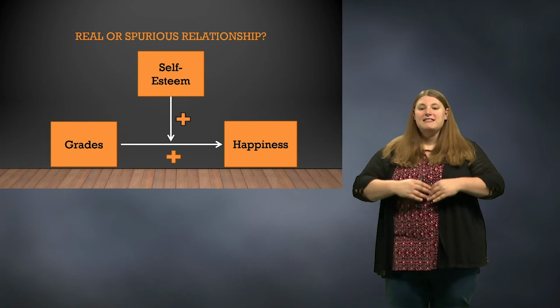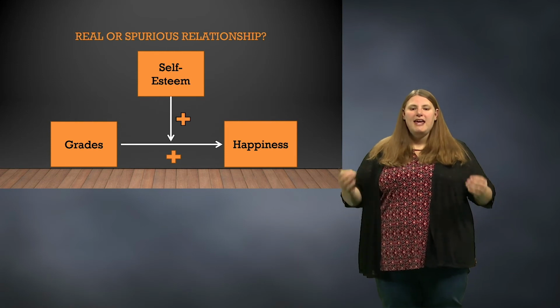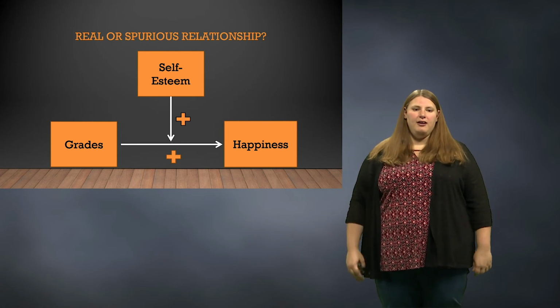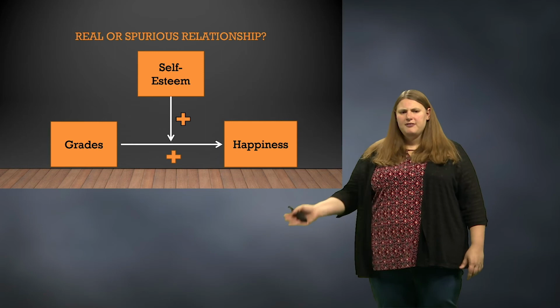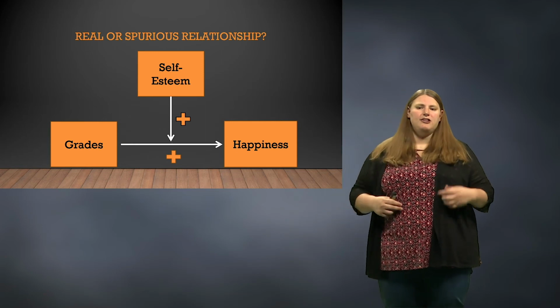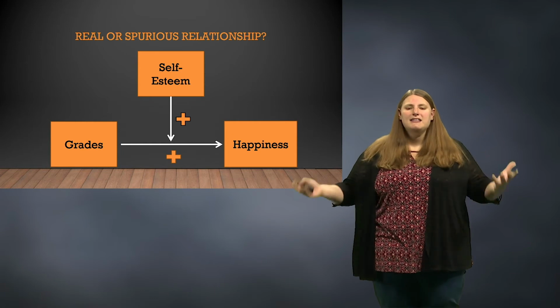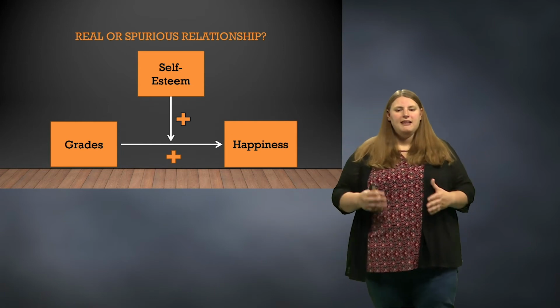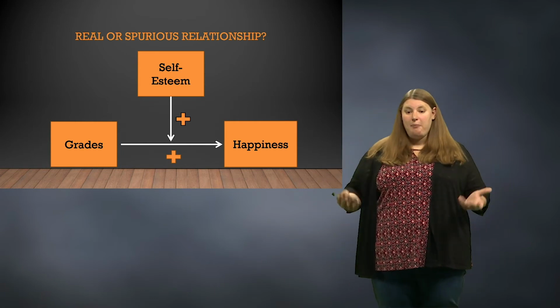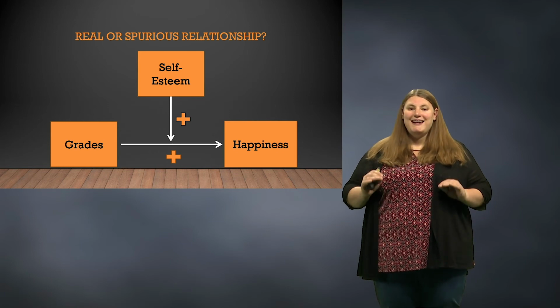As you can imagine, this is a momentous task. Think of all the variables that could influence your happiness. Your self-esteem, your grades, your parenting, your financial stability, your housing situation, your social interactions. The list goes on and on. I won't say that proving a non-spurious relationship is impossible, but it is certainly not easy.